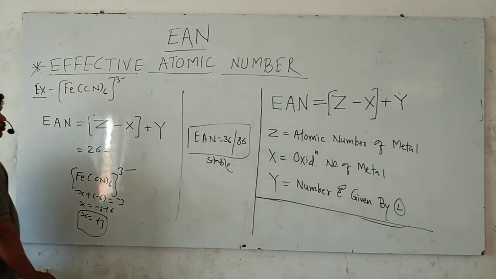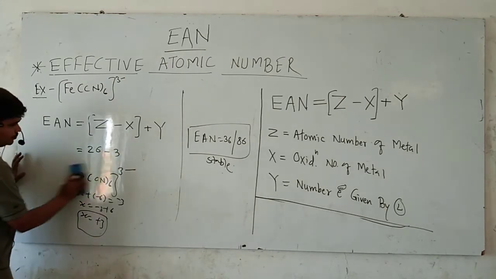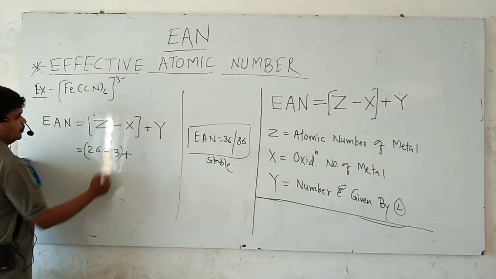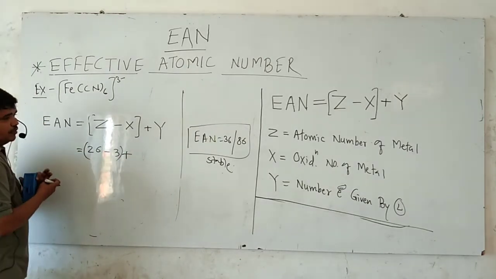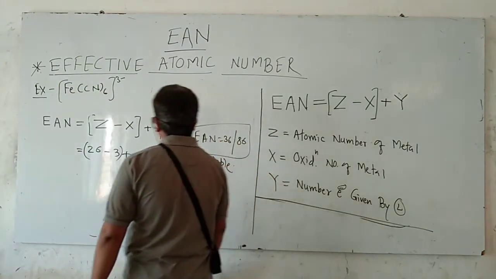Right? So x is equal to plus 3. Plus what is y? Y is nothing but the number of electrons given by ligand.